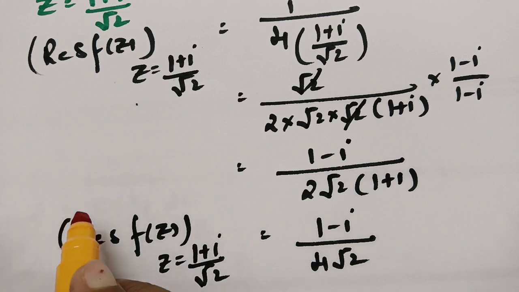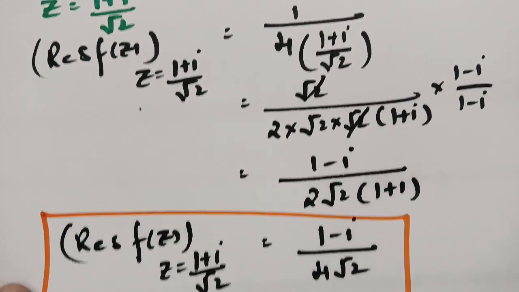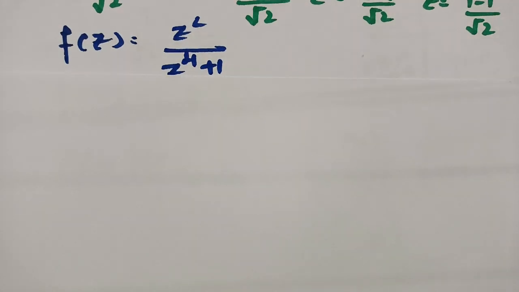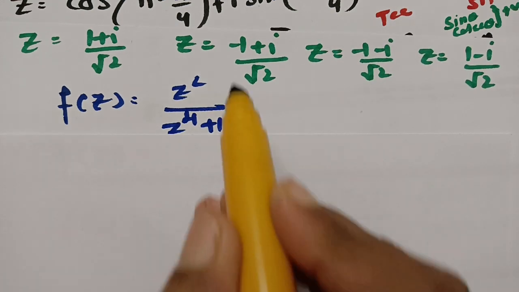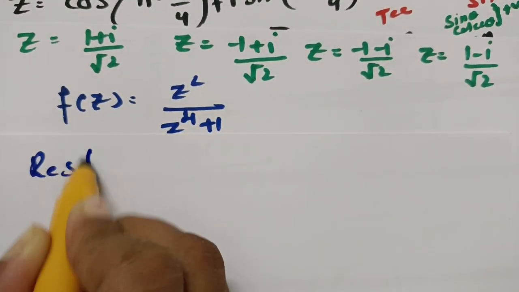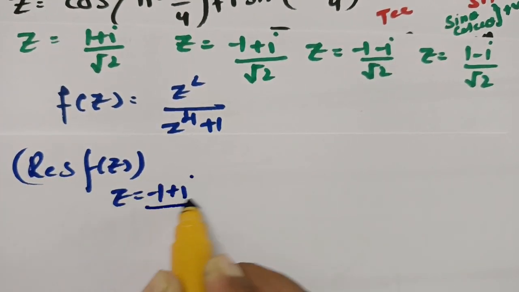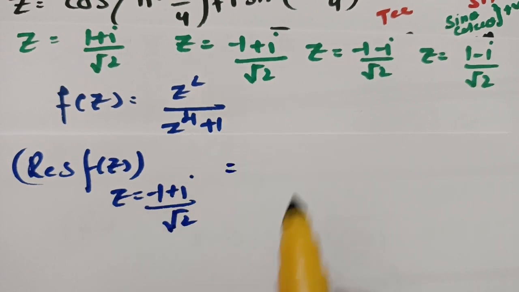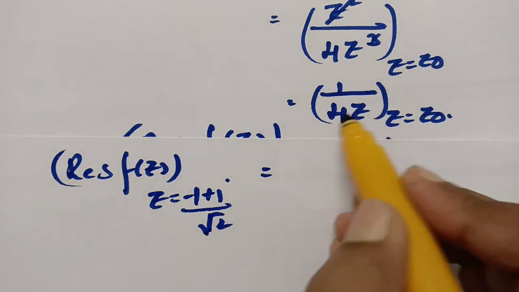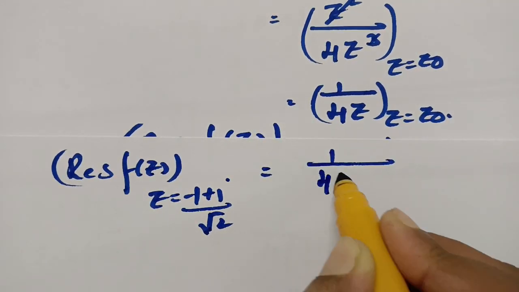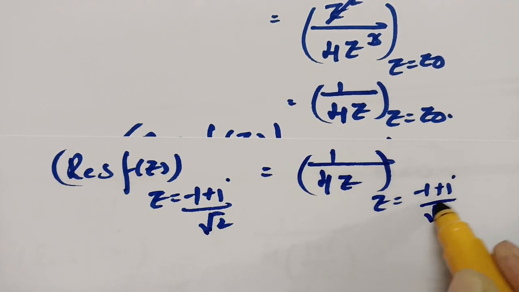And for the second pole we have to do the same. What is our second pole value here? The second pole value is z is equal to (minus 1 plus i) by root 2. Now we have to substitute in which function? This one, 1 by 4 z naught. So 1 by 4z at the point z is equal to (minus 1 plus i) by root 2.